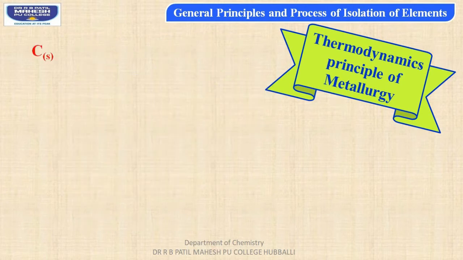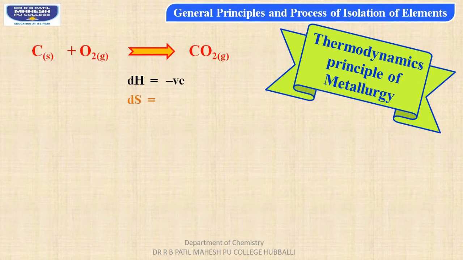Now let us consider one more reaction for carbon. That is, when carbon is oxidized, we obtain a carbon dioxide molecule. In this case students, once again change in enthalpy, that is delta H, is negative, followed by change in entropy.